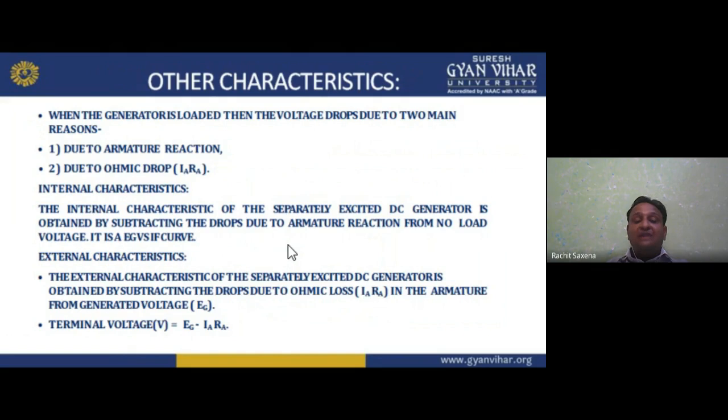But in a motor we write VT equals EB plus IaRa. So we can calculate the internal characteristic by subtracting the armature reaction drop from the no load characteristic. And if I'm talking about the external characteristic, that is subtracting the drop due to ohmic drop from the no load or magnetic characteristic.